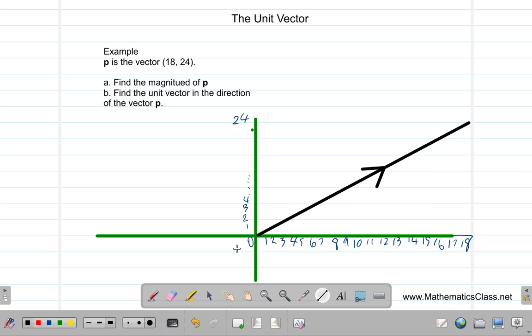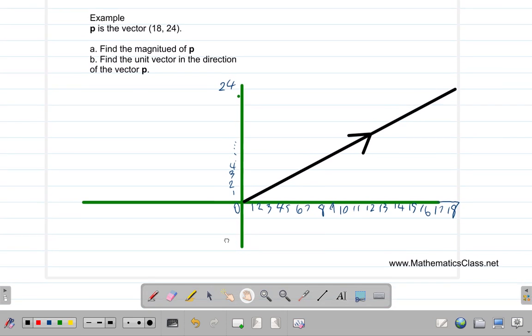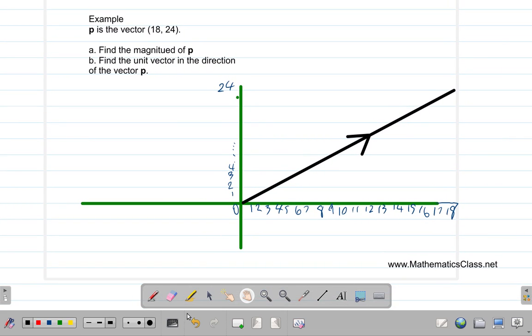We must find the magnitude of P. Let us see how this goes. If you form a right-angled triangle, you would have the horizontal side and the vertical side.